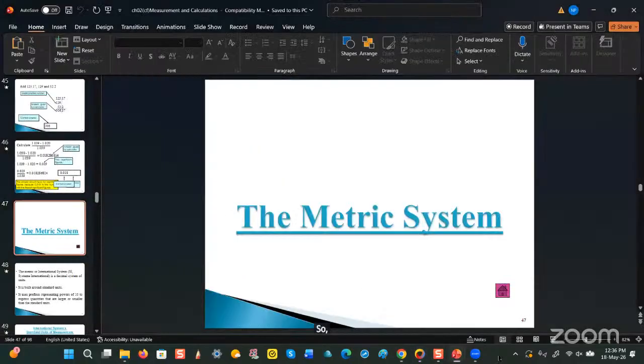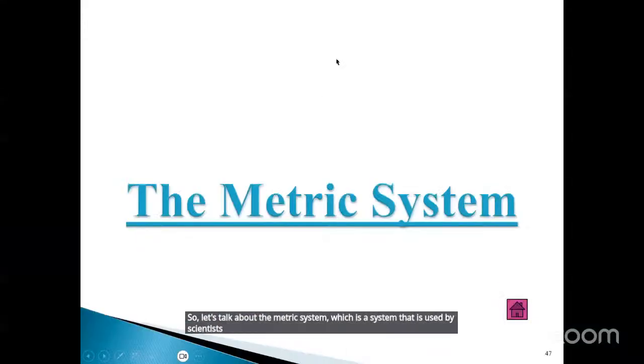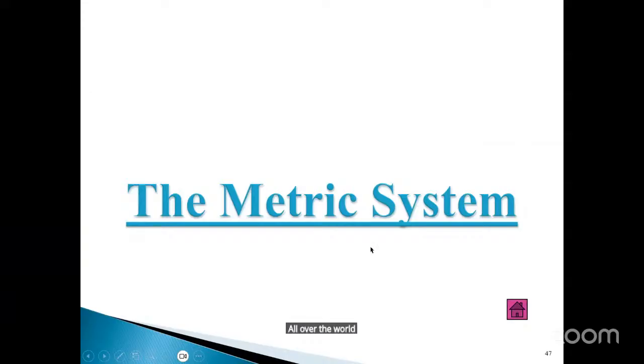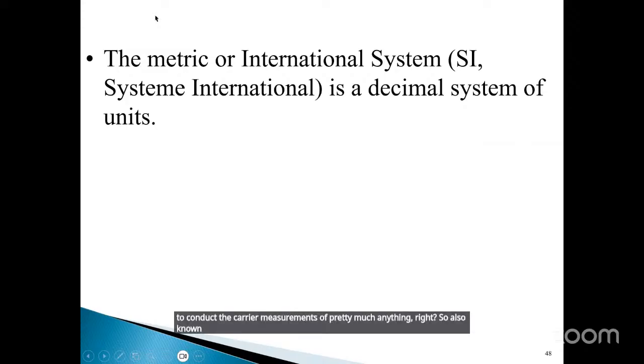So let's talk about the metric system, which is a system that is used by scientists all over the world to carry out their measurements of pretty much anything, right? Also known as the System International.